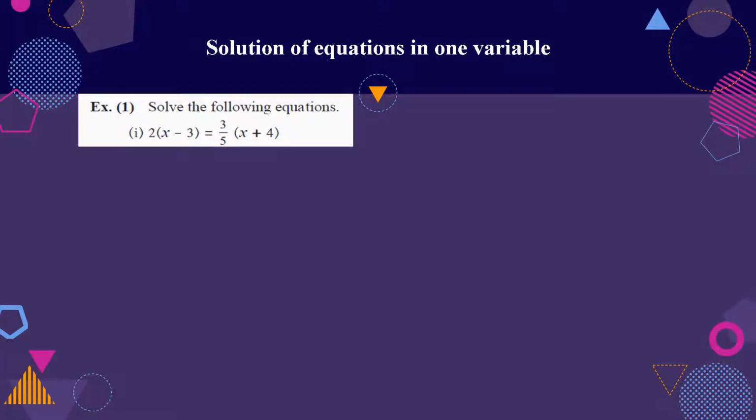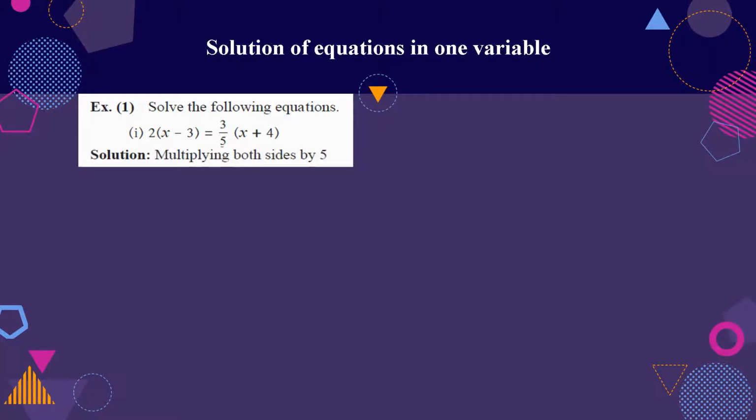Let us do one practice sum that solves the following equation. So we have 2 into x minus 3 is equal to 3 upon 5 into x plus 4. First we'll start by multiplying both sides by 5.